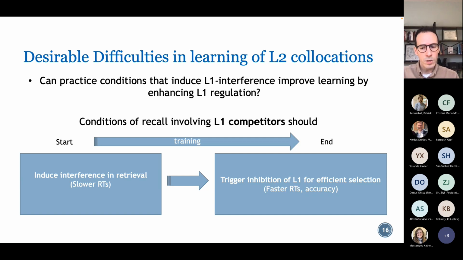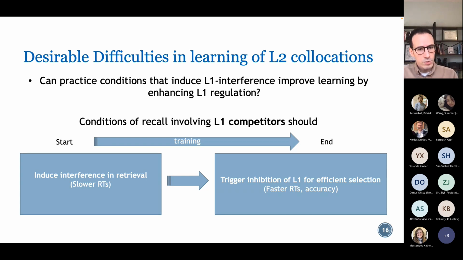If conditions where a learner is exposed to higher competition or interference from the first language, we might expect that initially there should be costs, right? And we might be able to measure this through slower reaction times in trying to make the correct lexical choices in the face of interference.